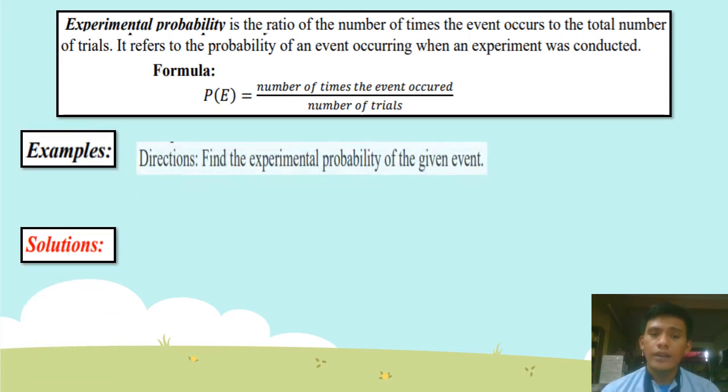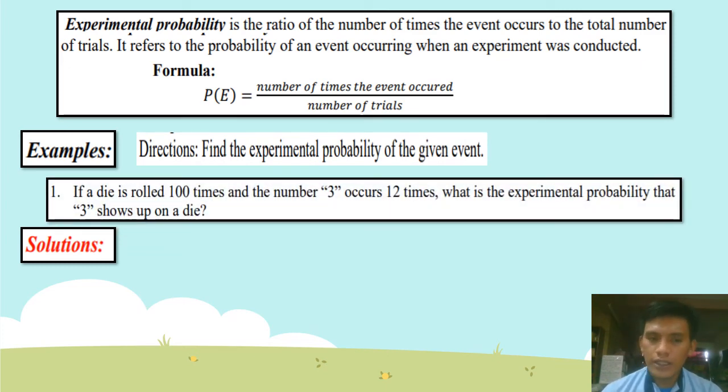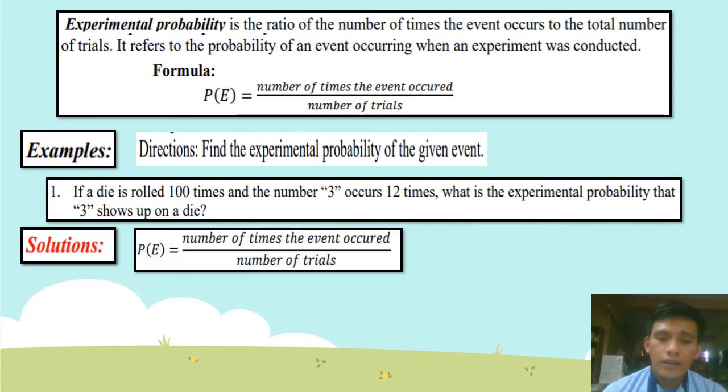Example. Find the experimental probability of the given event. A die is rolled 100 times, and the number 3 occurs 12 times. What is the experimental probability that 3 shows up on a die? The number of times the event occurred over the number of trials is the formula for the probability of an event.